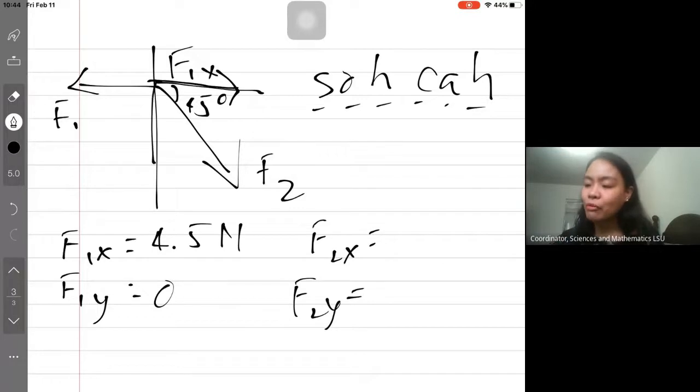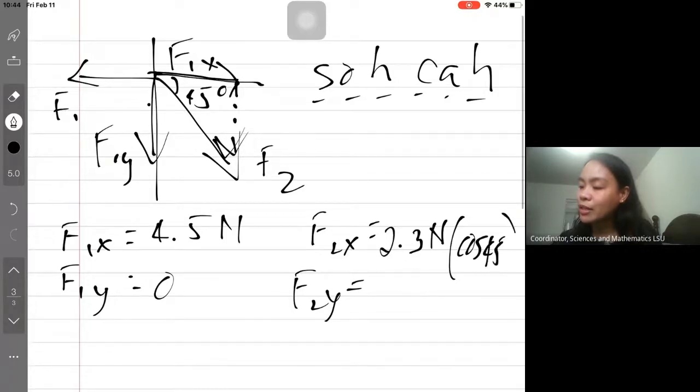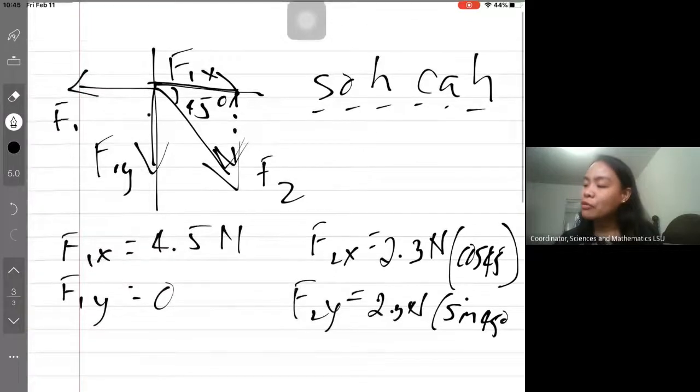And F2y is here, it's going to be opposite from our angle. So F2x will be 2.3 newtons times cosine theta, and our angle is 45 degrees. And F2y is 2.3 newtons sine theta, and our angle again is 45 degrees.